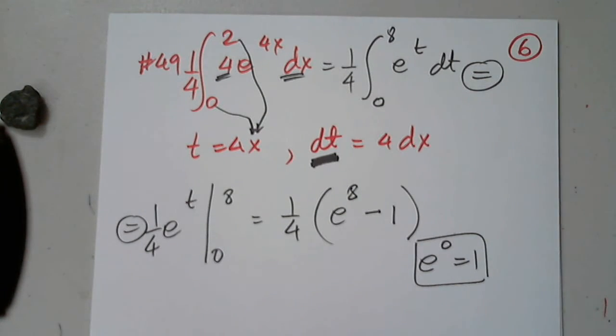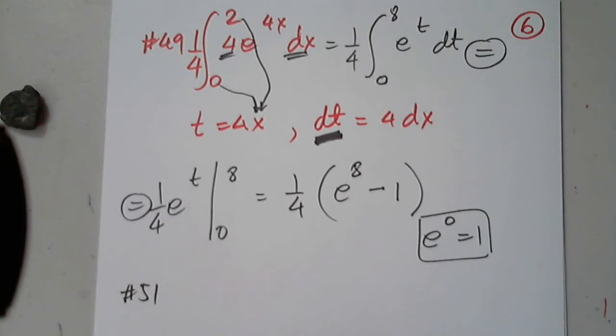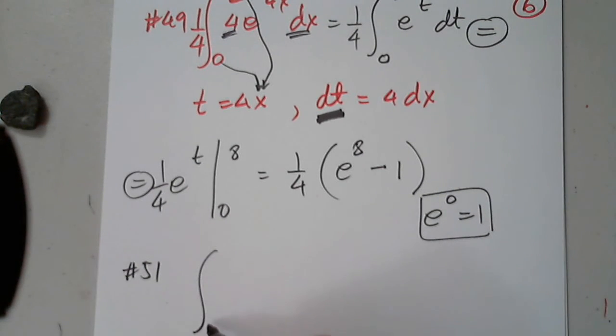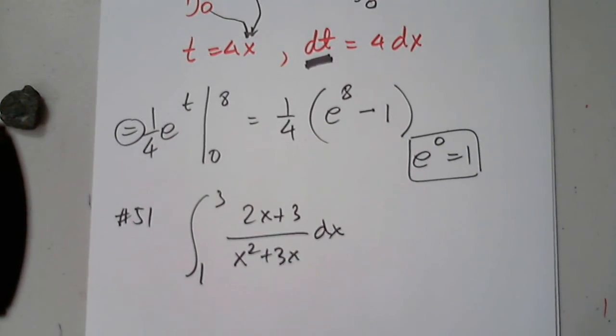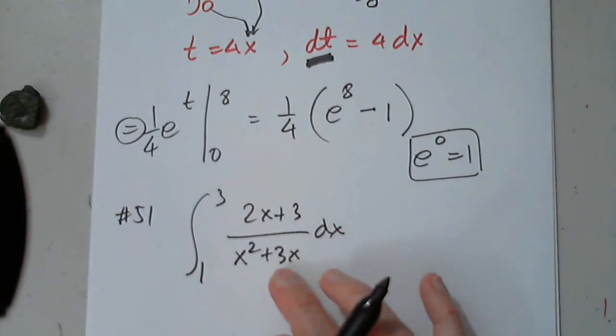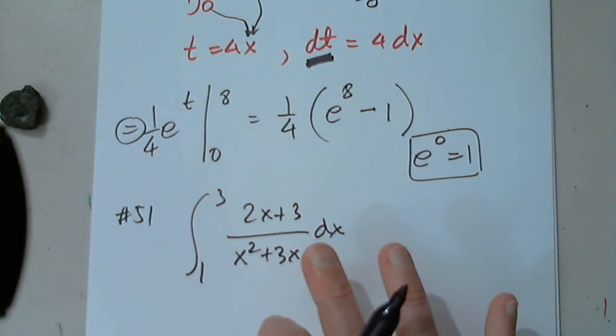51. Where are you, 51? I see it. In 51, we have the integral from 1 to 3 of 2x plus 3 over x squared plus 3x dx. Perfect pick. So the numerator of a fraction is never a problem.